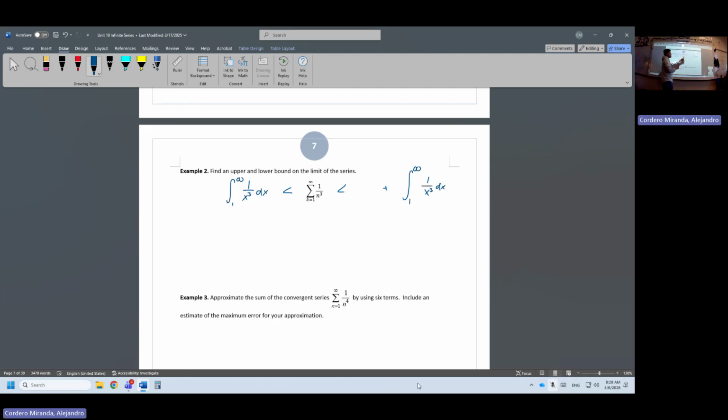The first term means if I plug in the first number that it tells me to, that's the first term. Let me show my work very explicitly: that would be 1 over 1 cubed plus that.